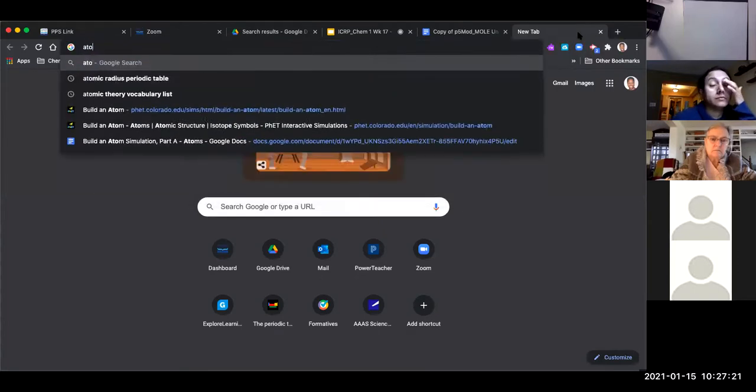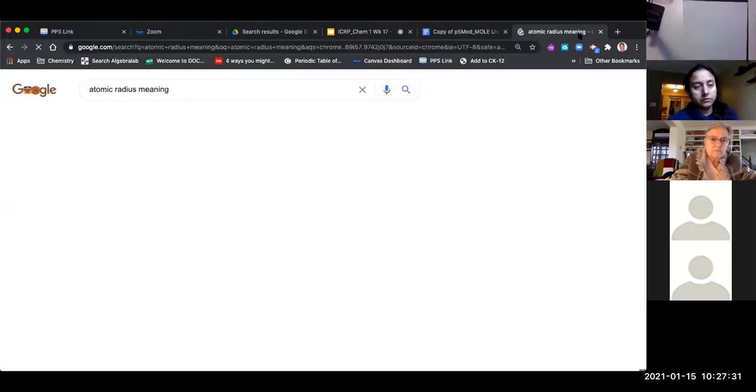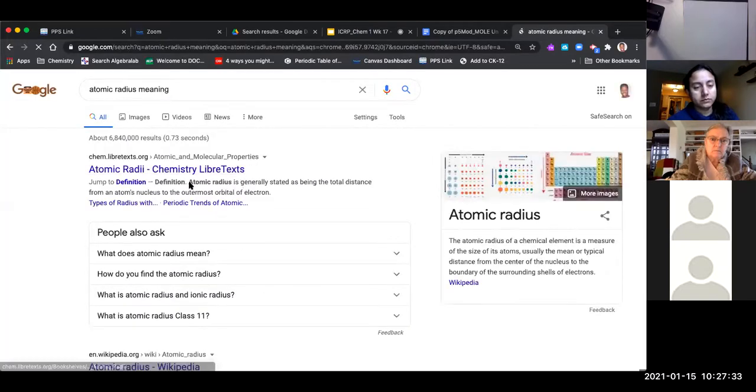So atomic radius, and everyone please write this in your notes. Atomic radius, by definition, tells us the distance from an atom's nucleus to its outside.